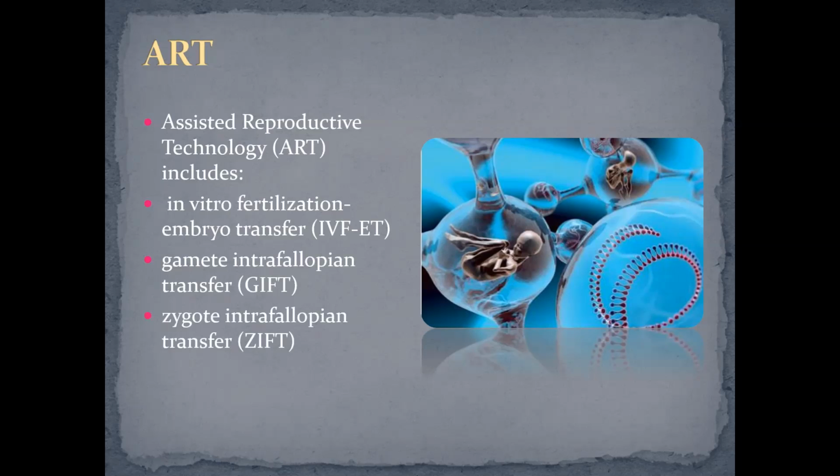Zygote intrafallopian transfer is when we perform in vitro fertilization and place a zygote inside the fallopian tube and resemble the normal pathway of the zygote into the uterine cavity.